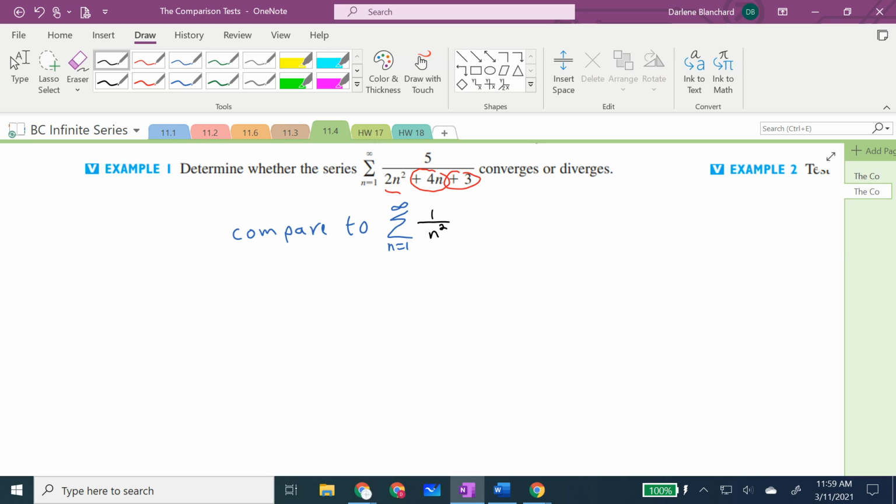If you want your life to be easier, bring leading coefficients with it. The numerator is 5. If you want your life to be easier rather than harder, keep that. The leading coefficient of 2, keep it if you want your life to be easier.